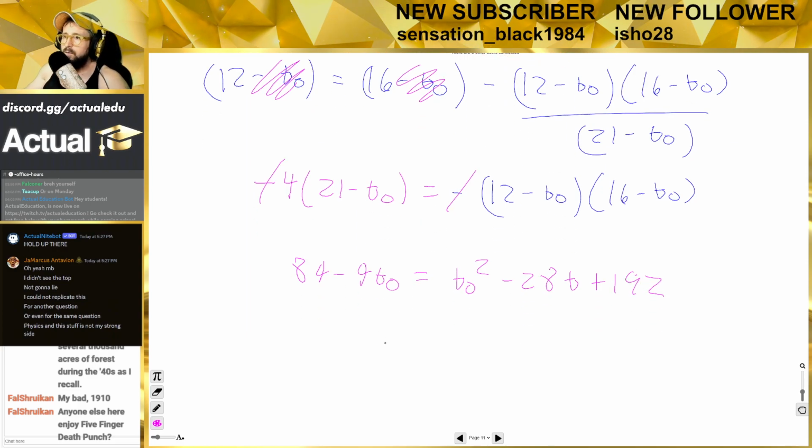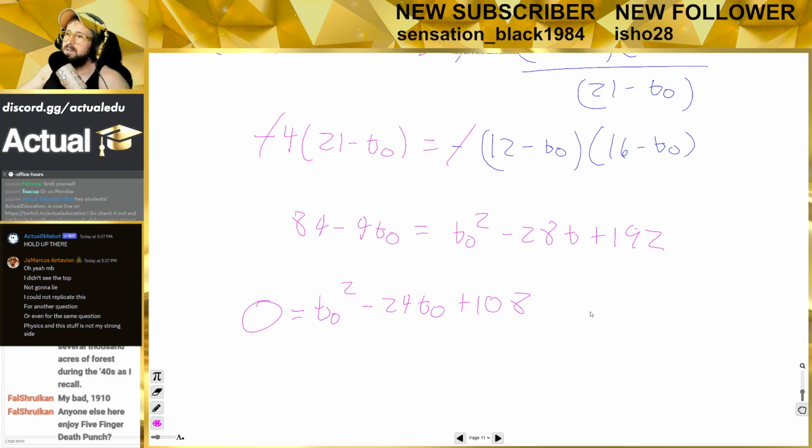Okay. So then that's t0 squared minus 24 t0. 192 and 84 is 108, equal to 0. Okay.